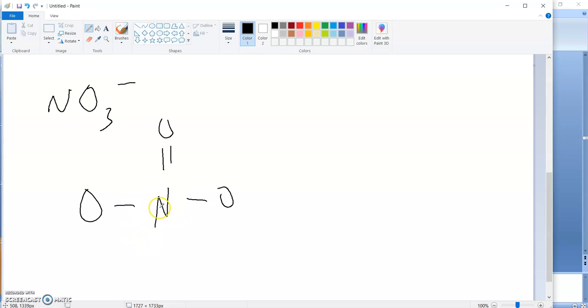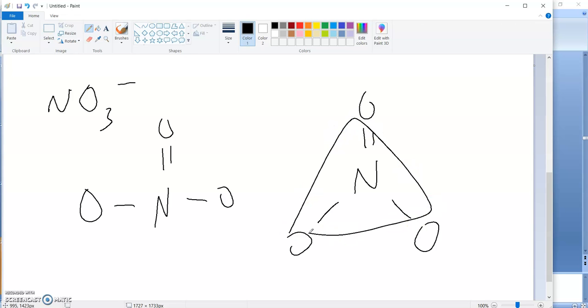But you'll notice nitrogen has 1, 2, 3 pairs around it. Okay? So that means the molecule is going to be trigonal planar, a flat triangle shape. So the nitrate polyatomic ion actually forms a flat triangle with the N in the middle and the O's arranged around it, forming a triangle. You see how it makes a triangle there, right?